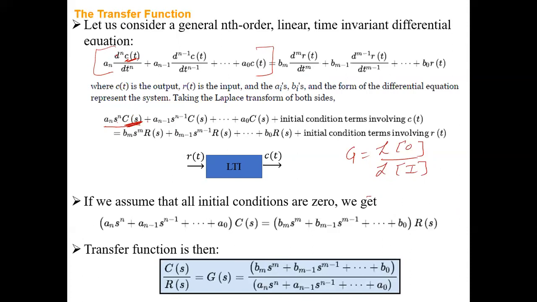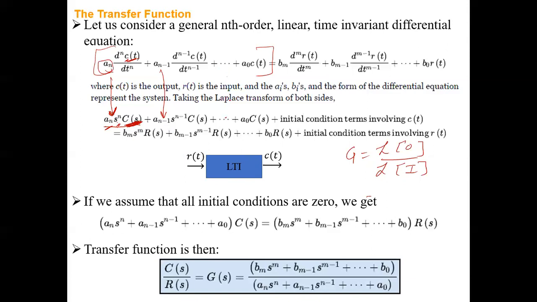So if you take the derivative of the function, then you get s to some power times the Laplace transform of the function itself. Of course, an is there. It's a constant, you don't have to do anything with that, so you just keep it. Similarly, the Laplace transform of this guy is this guy.